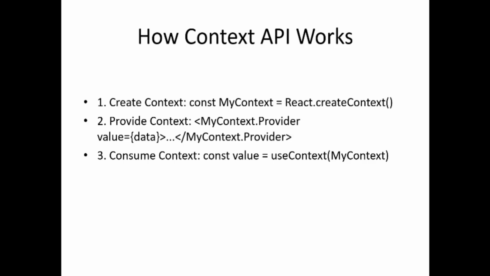Coming to consuming context, the useContext function is a hook used inside any component to access the data stored in context. It allows you to read and update the global state without props. This context is like a cloud storage for your app. The Provider is the server that stores the data, and components are clients that access the data whenever needed.